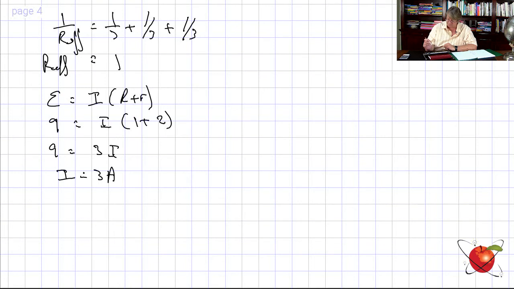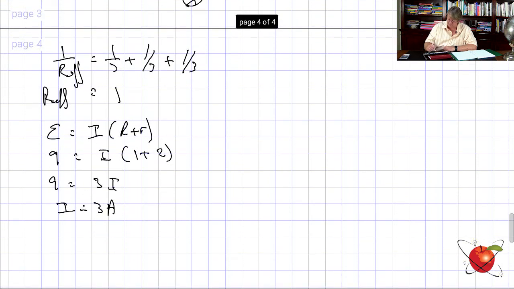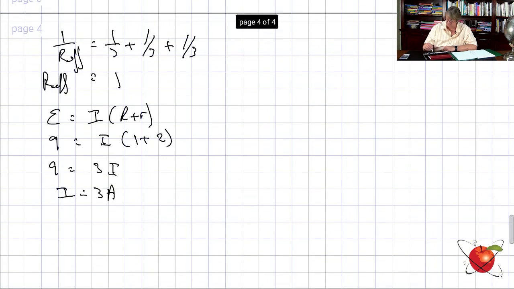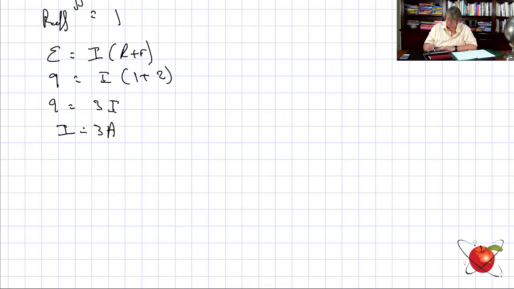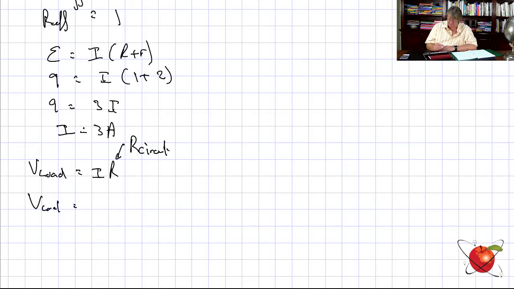So V load must be equal to I times R. This is the R circuit. Right, so V load, or the reading on the voltmeter, is going to be equal to 3 times 1, because remember the circuit resistance was 1, which is going to be 3 volts.